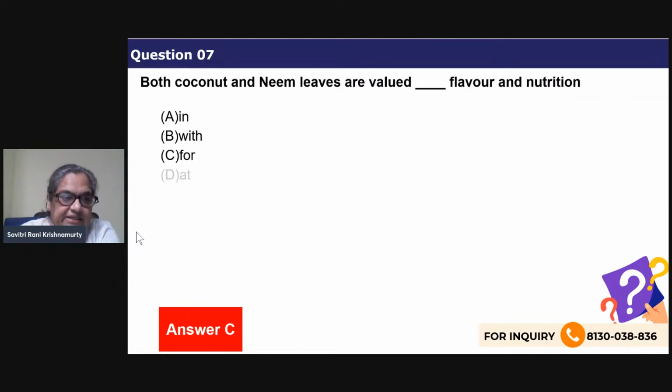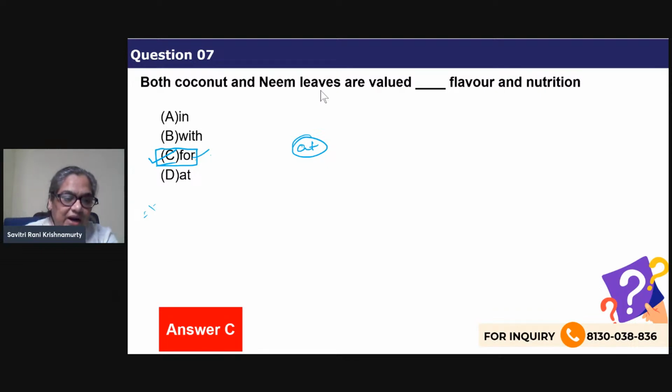Mostly correct answers are valued. Now remember, properties are valued at a price when you're putting a value on something. But here they are treasured, they are given value, they are given importance because of, so for their flavor and nutrition.